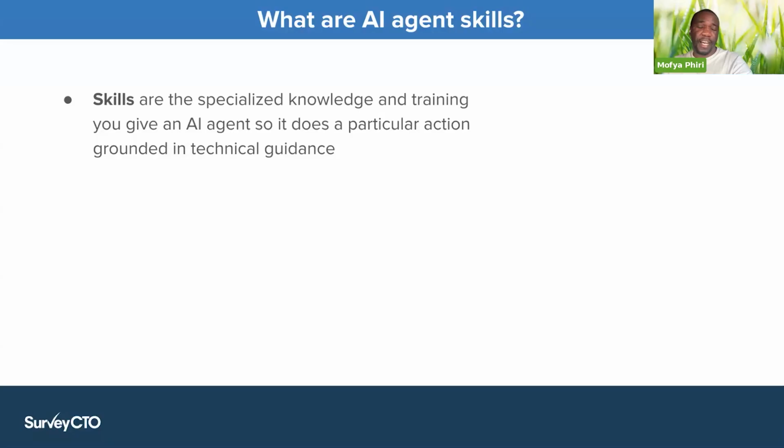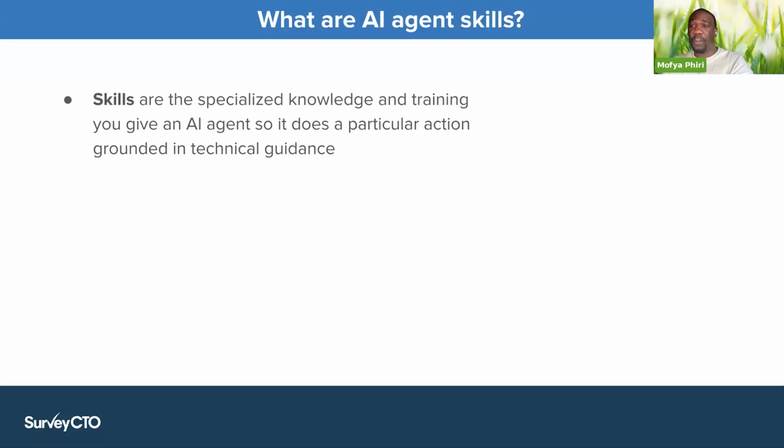A skill is like packaging a briefing about a particular organization or a particular thing that you can pass on to the AI so that it becomes an expert in a particular area. It allows you to get your AI to become a specialist.